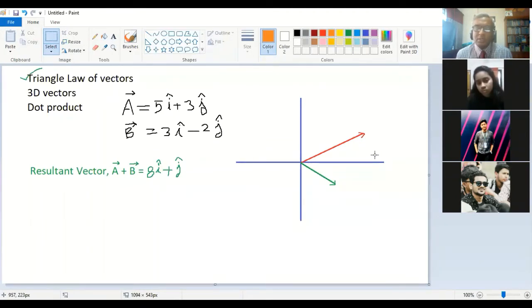Everyone can understand. Let me draw this first and then I will tell you what is happening. So it will be like this. A little more maybe. Yes, it will be like this. This will be 8 units right and 1 unit up, and that will be the 8i plus j vector.